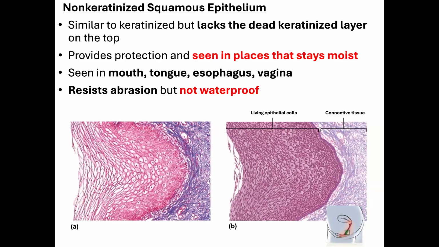That's why you always do this, because it's a lot of mucus production. Also seen in the vagina. So the non-keratinized squamous epithelium can resist a certain amount of stress or abrasion. But since there is no keratinized layer, it is not waterproof. So that's a big difference.